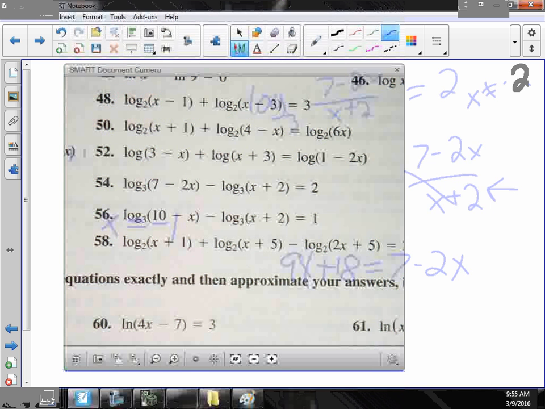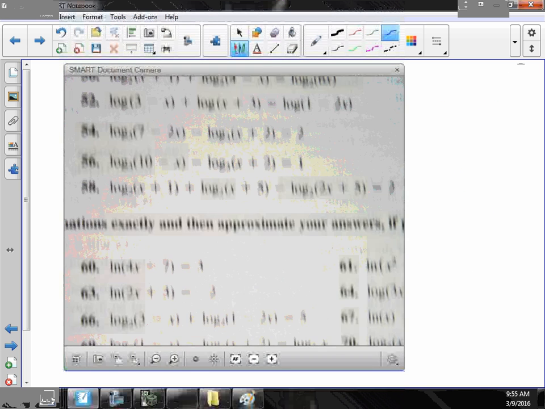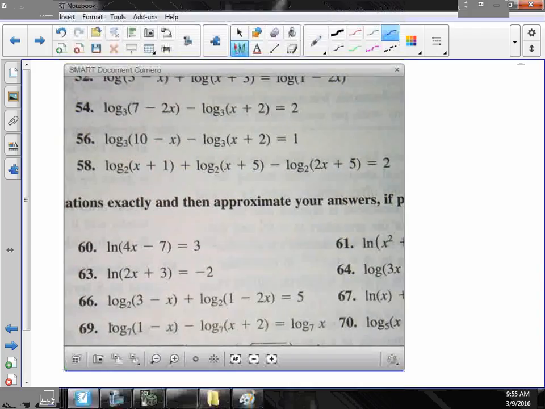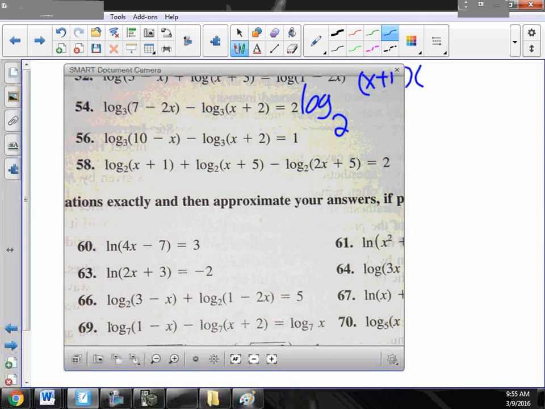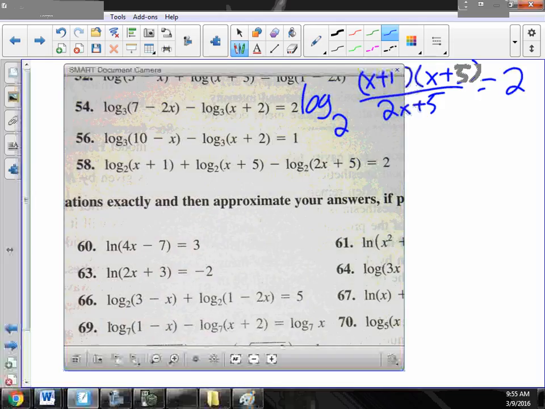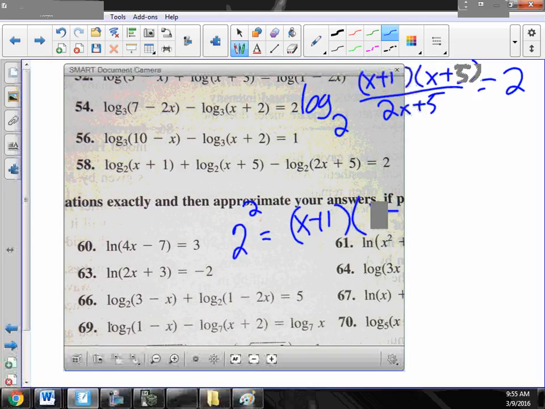All right, look at 58. So this will be log base 2 of x plus 1 times x plus 5 over 2x plus 5 equals 2. So we're going to end up with 2 squared is equal to x plus 1 times x plus 5.